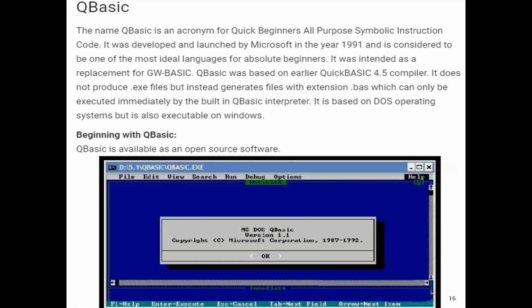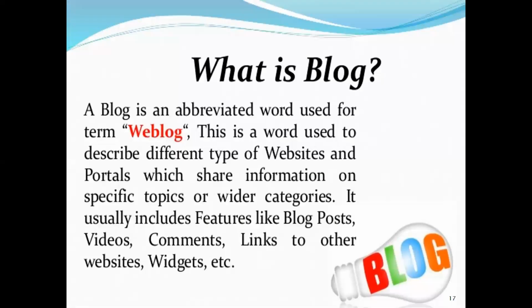The next which we had studied was, what is a blog? Blog can also be called a weblog. It is a word used to describe different types of websites and portals which share information on specific topics or wider categories.